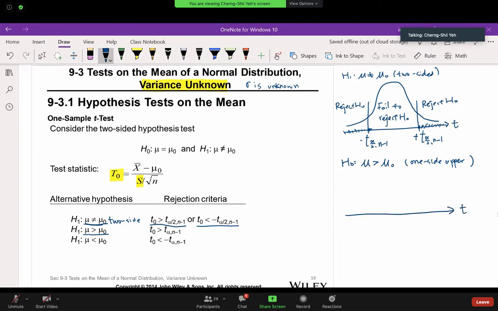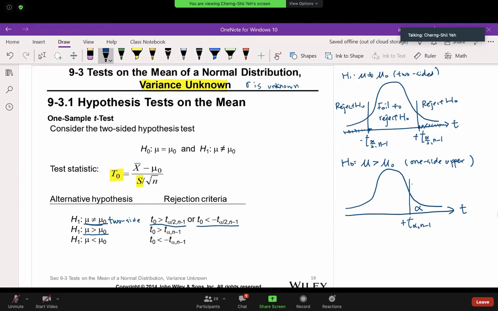This is my t sketch. One-sided upper bound, that means my critical value is right here. What is the probability greater than here? It's not alpha over 2 anymore. It's alpha since it's one-sided. So this critical value is positive t, probability of alpha, degrees of freedom n minus 1.